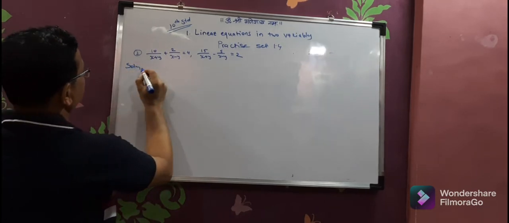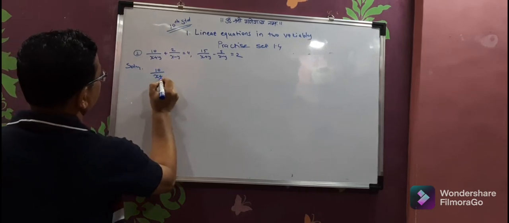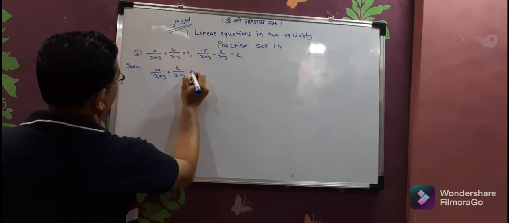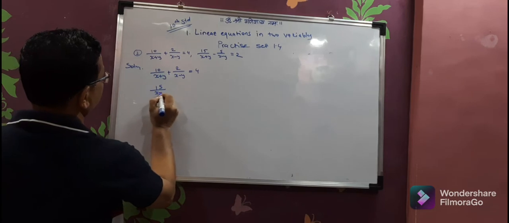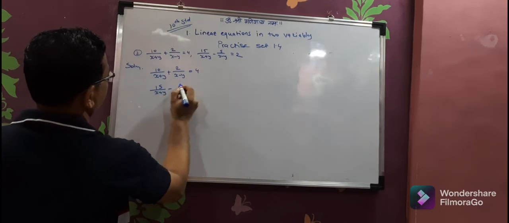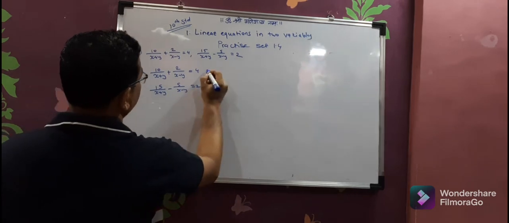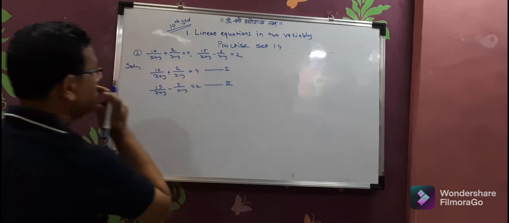So the solution will be: first you have to write down the equations. 10 divided by x plus y plus 2 upon x minus y is equal to 4. The second equation is 15 upon x plus y minus 5 upon x minus y is equal to 2. This is equation number 1 and this is equation number 2.